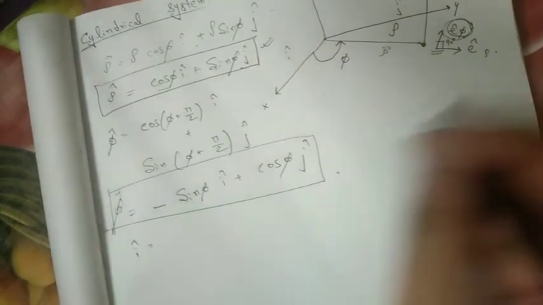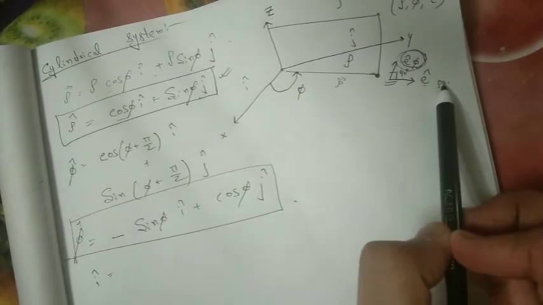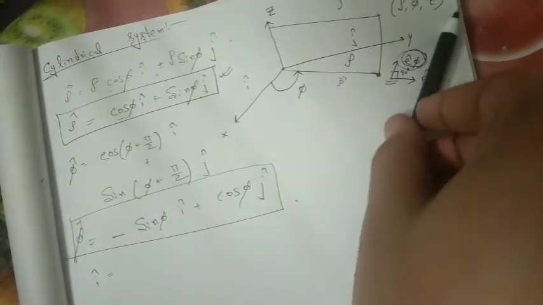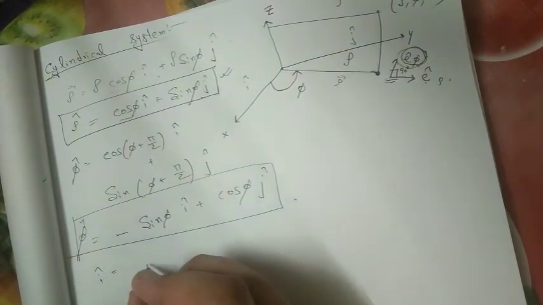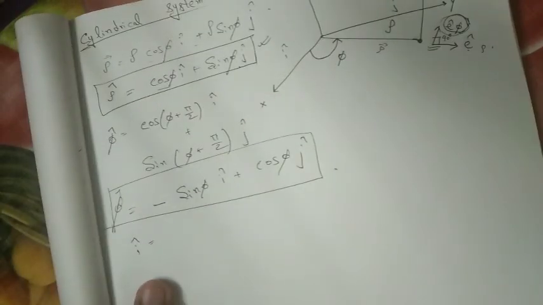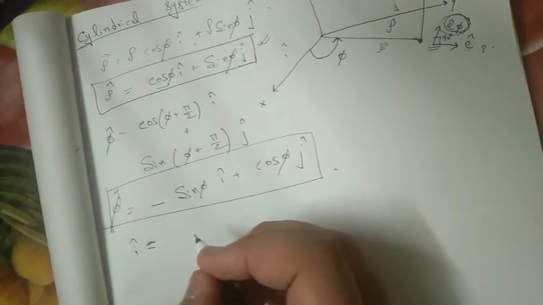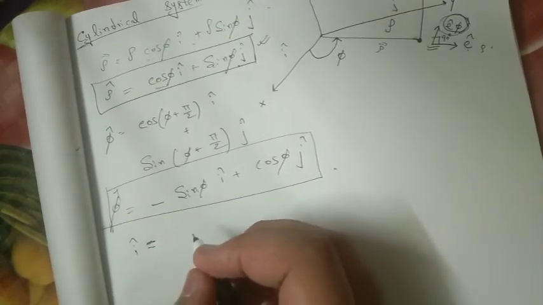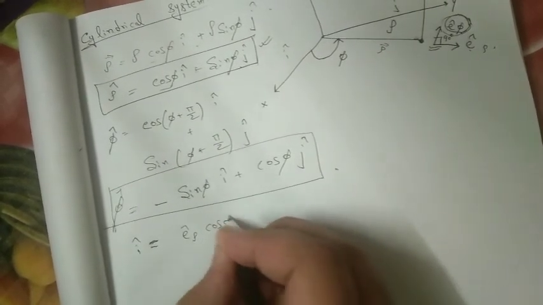Now let's find the relation of i cap with this one. This is i cap. See this? This is phi cap, rho cap. Rho we are going to take in this direction. This is phi, so we are going to take the cosine component, cosine phi.